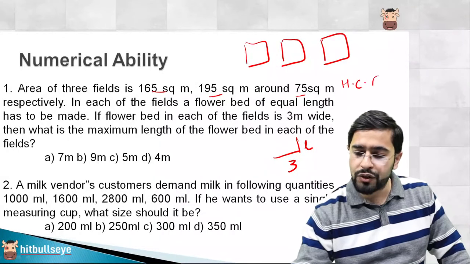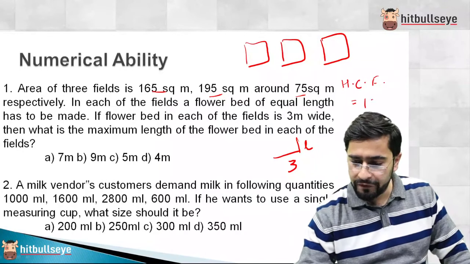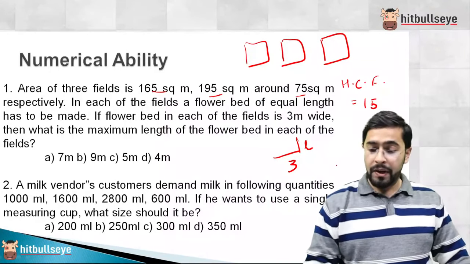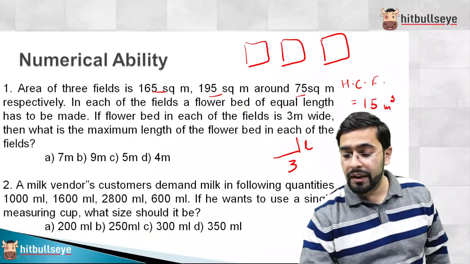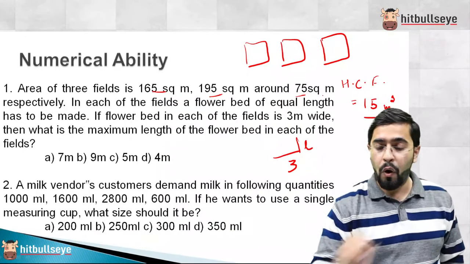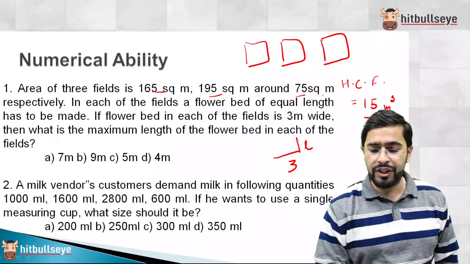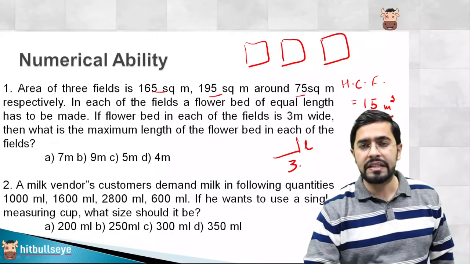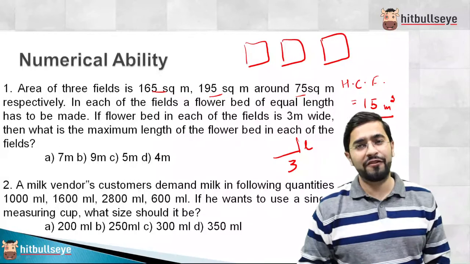What is the highest common factor of all three? So the highest common factor would be 15. Okay, so 15 meters square is the factor for all these three square fields. Since 3 is the breadth, what will be the length? It will be 15 by 3, which is 5.